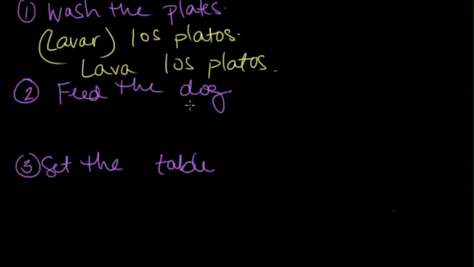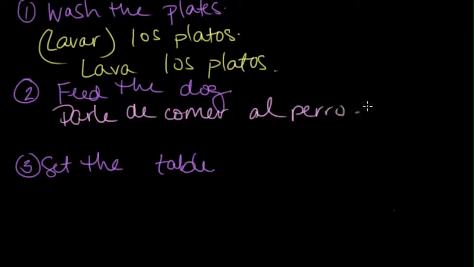Alright, our next one, feed the dog. This is a little more complicated. It requires some knowledge you don't have yet. I just wanted to see what you would do with it. So feed the dog is typically expressed with darle de comer al perro. And obviously this is not conjugated, and we need to conjugate it. So you'll see we have a verb structure here. And as you're probably aware, this second part here is not conjugated at all, so that's somewhat irrelevant.